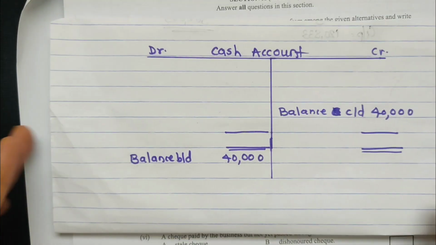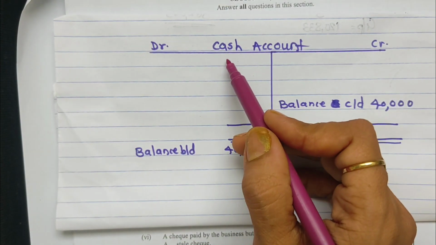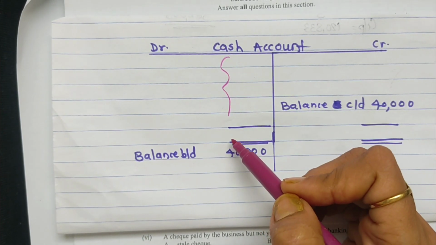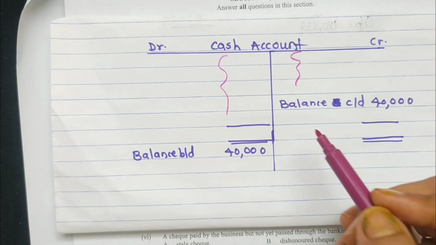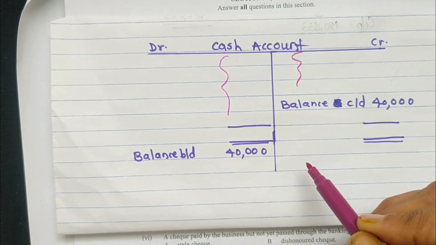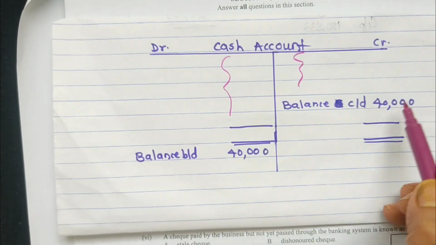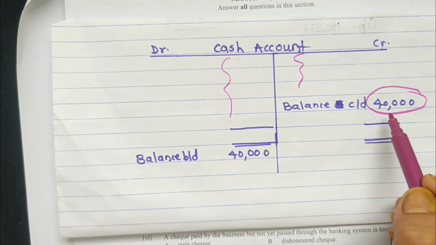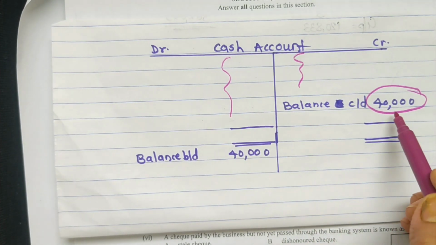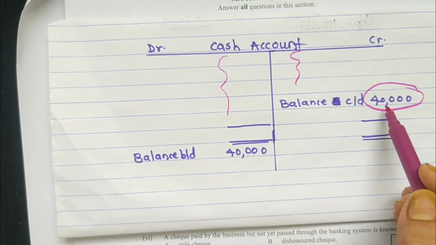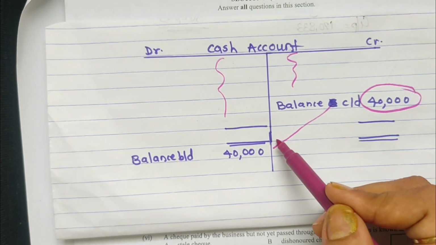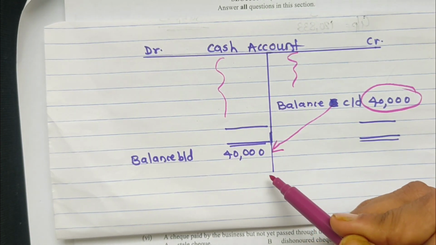If you remember the cash account, on the debit side we write down the entries where the cash comes in. On the credit side we write down where the cash goes out. So at the end the debit side is greater, so the balance is coming on the credit side. This is known as a debit balance. When you carry it down, it comes on the debit side.